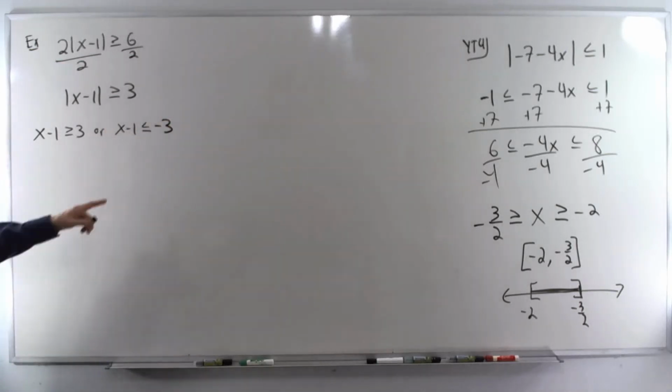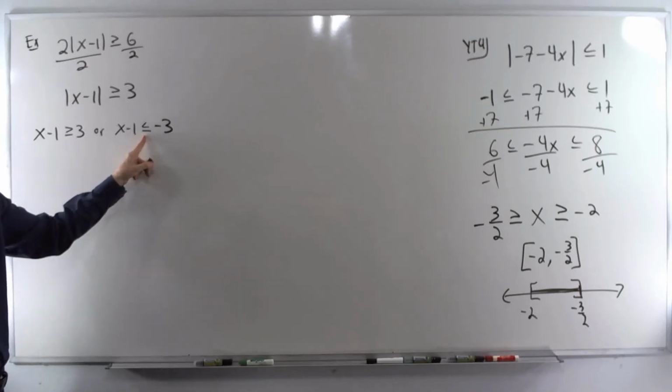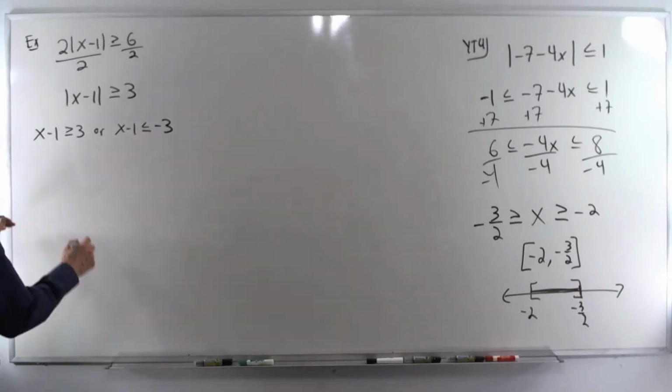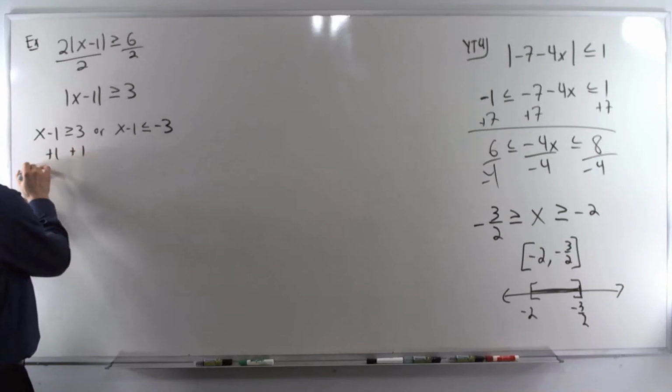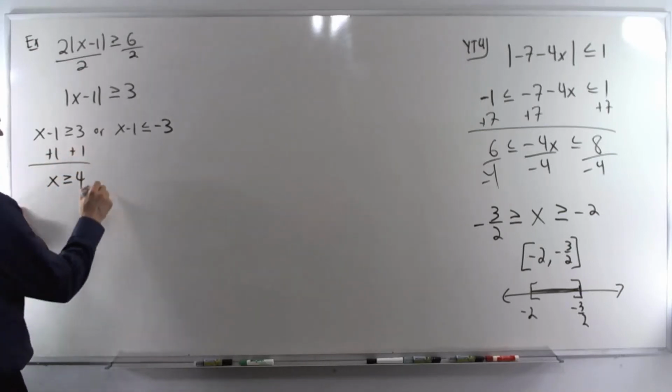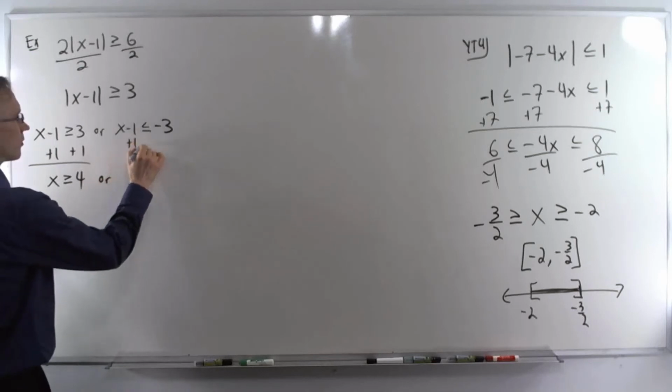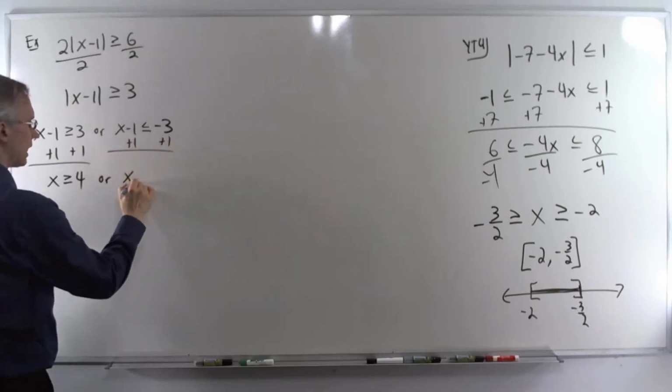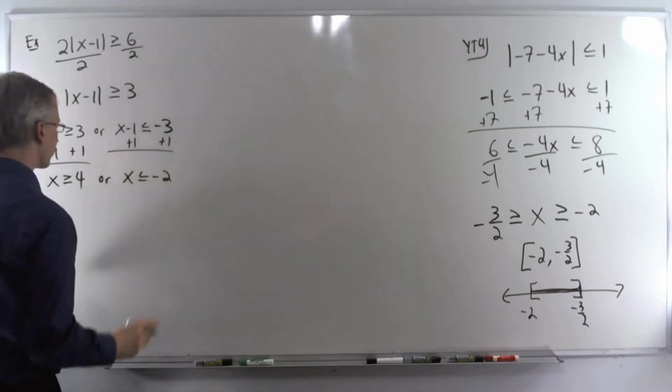The biggest mistake I see on those is not switching the sign on the second equation. Make sure you do that. x greater than or equal to 4, or x less than or equal to -2.